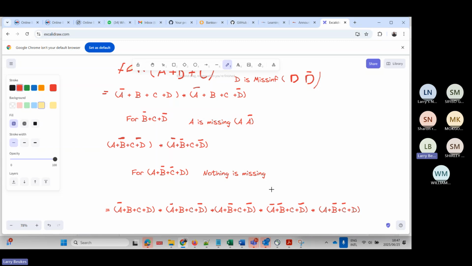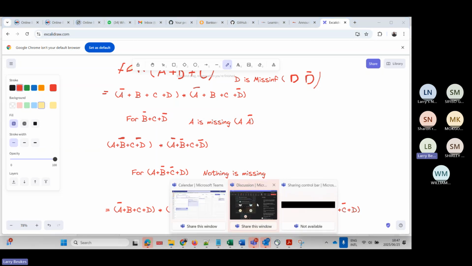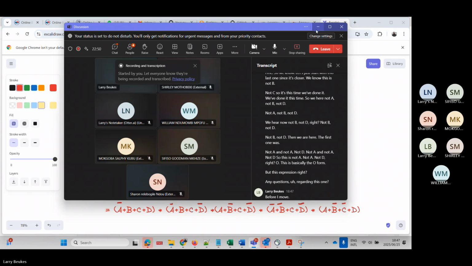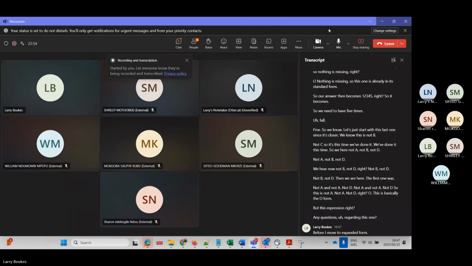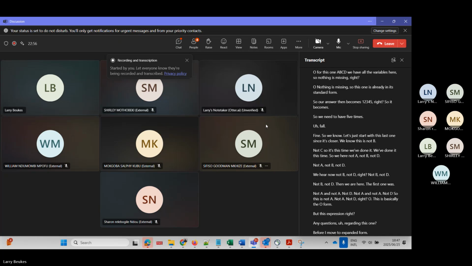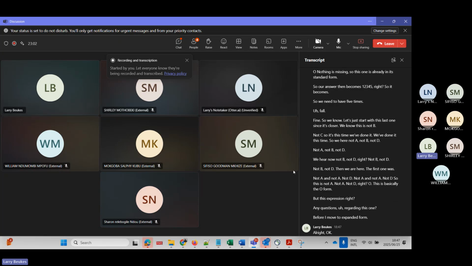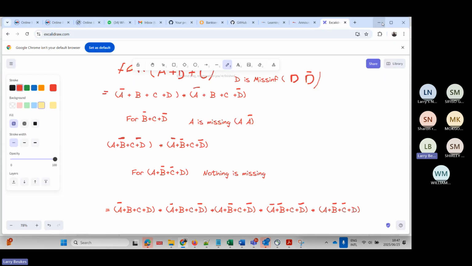Any questions regarding this one before I move to expanded form? All right, okay, I don't see any questions. Let's do expanded form.